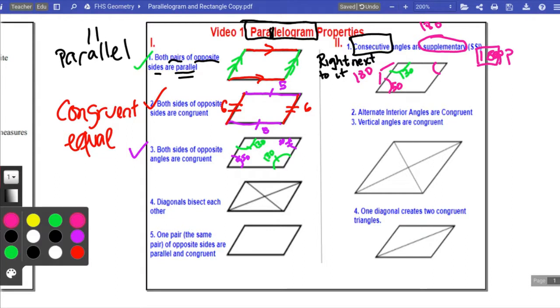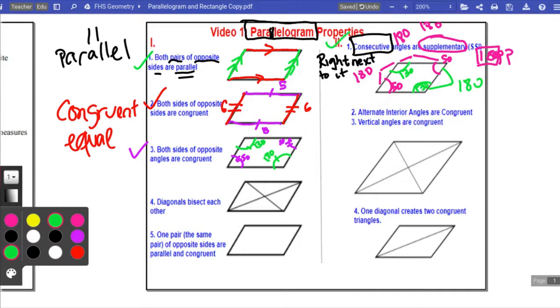If that's 50, the opposite angle is the same thing. This and this have to add up to 180, so that's also 50. Well, what about this one? We know this has to be 130 because we talked about opposite angles. However, this plus this has to add up to 180. So you see how that works? It's just a perfect relationship that they've got going on there.